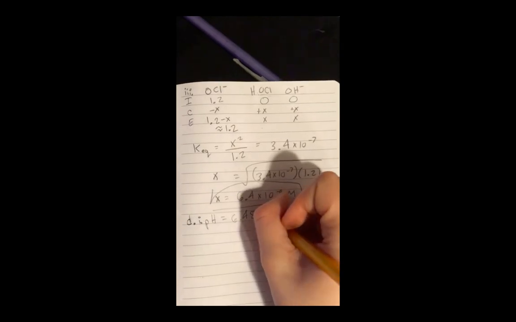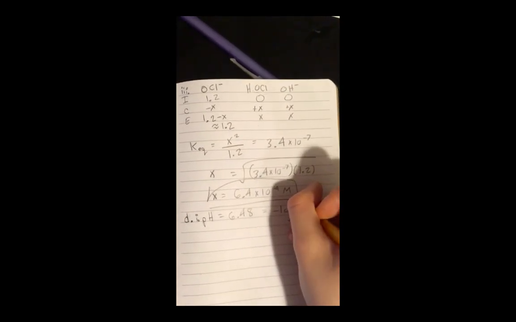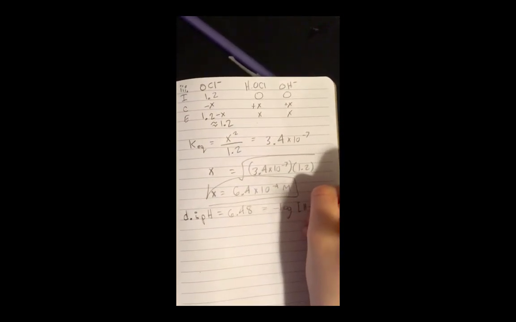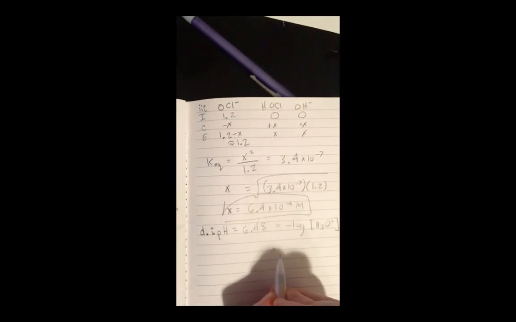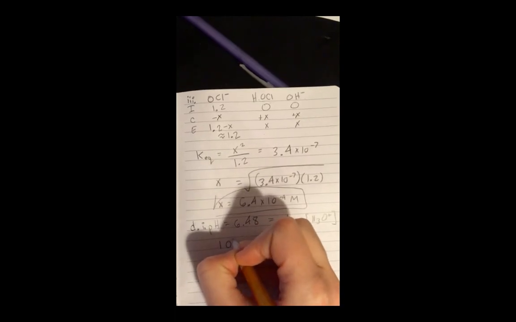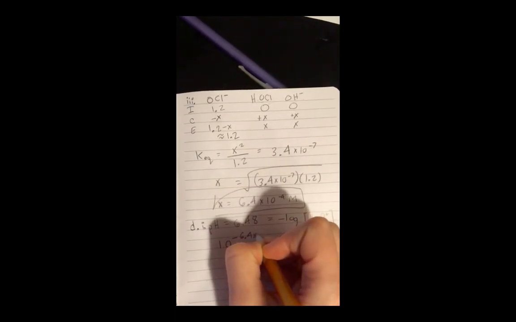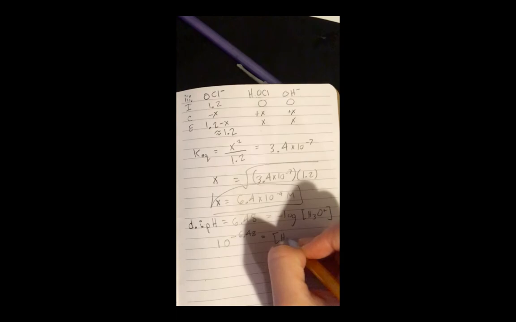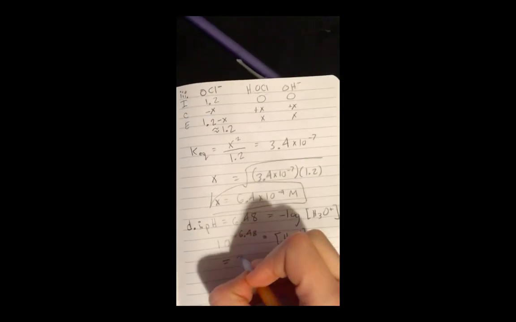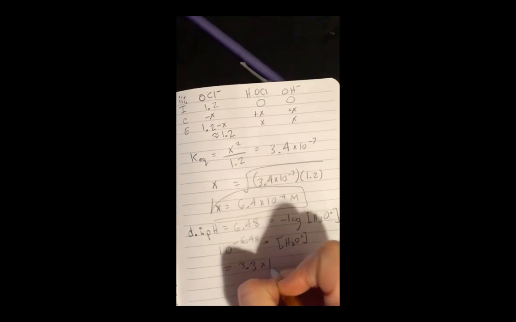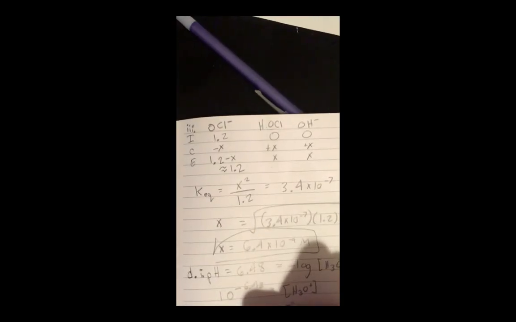We know that pH equals negative log times the concentration of H3O plus or H plus, right? So we just need to reverse this. So it would just be 10 to the negative 6.48 would equal the concentration of H3O plus. So that's going to get you 3.3 times 10 to the negative 7 molar.